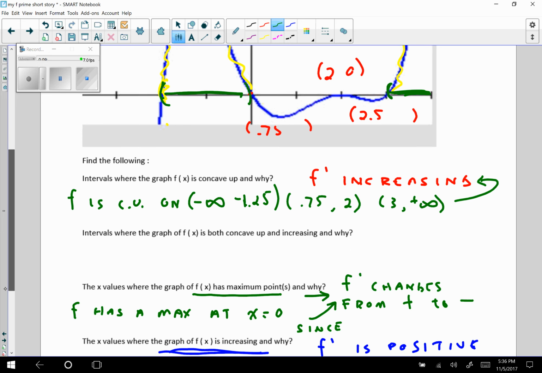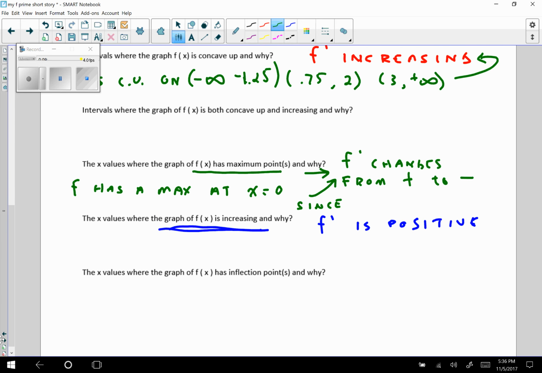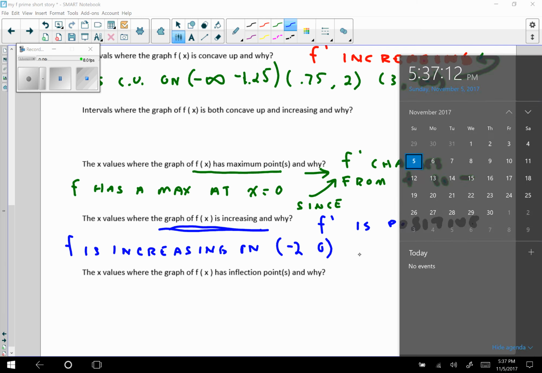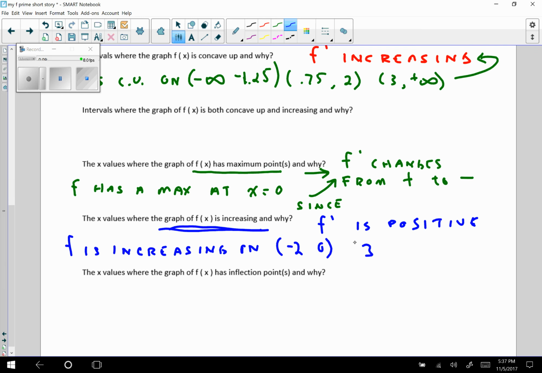So I'm going from negative 2 to 0, and I make the statement, we use blue, f is increasing on negative 2 to 0, and from 3 to positive infinity.